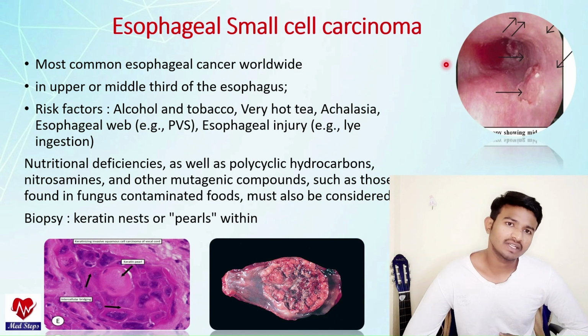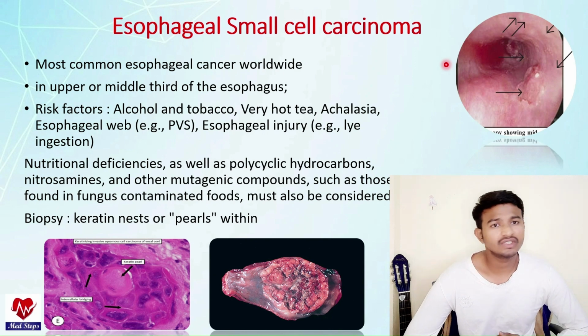What are the risk factors we can see in this small cell carcinoma? More amount of alcohol and tobacco, drinking very hot tea, achalasia, esophageal web, for example Plummer-Vinson syndrome. In Plummer-Vinson syndrome, we studied before, we can see three signs and symptoms like dysphagia, iron deficiency, and esophageal web.